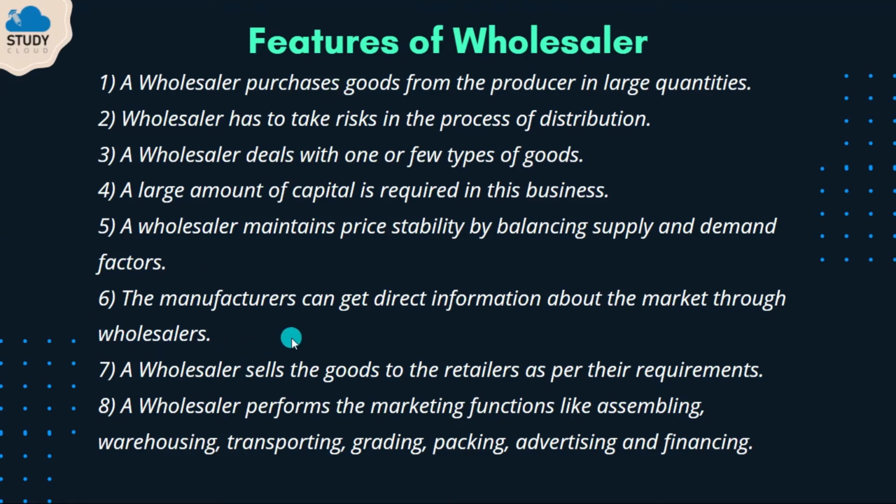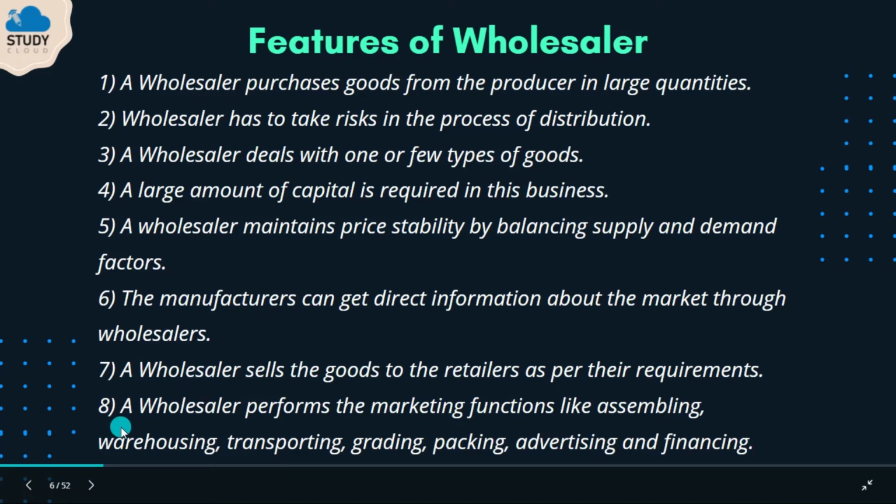Sixth, the manufacturers can get direct information about the market through wholesalers, as wholesalers are directly in contact with manufacturers, so manufacturers can get all the feedback about their products or trends in the market with the help of wholesalers. Seventh, a wholesaler sells the goods to the retailers as per their requirements. For example, if there are 10 local shops in your locality, those 10 retailers will take goods from the wholesaler as per their requirement.